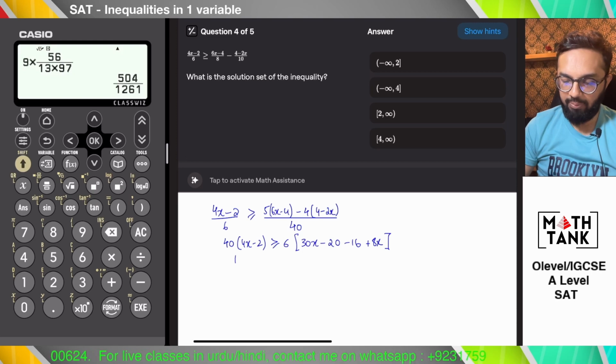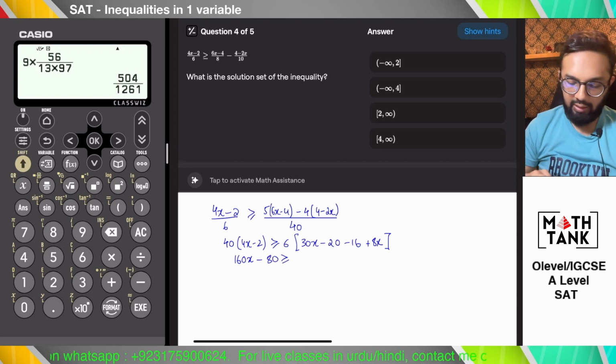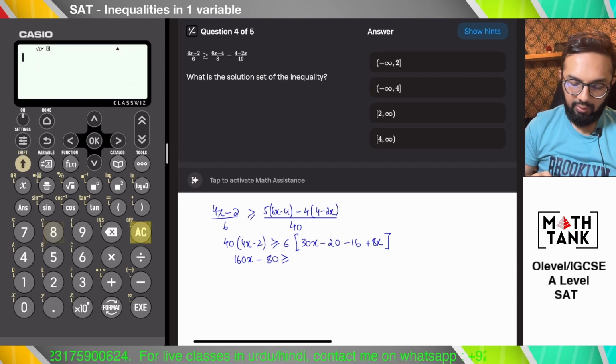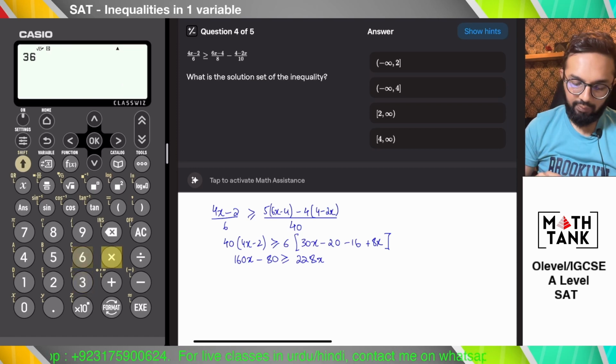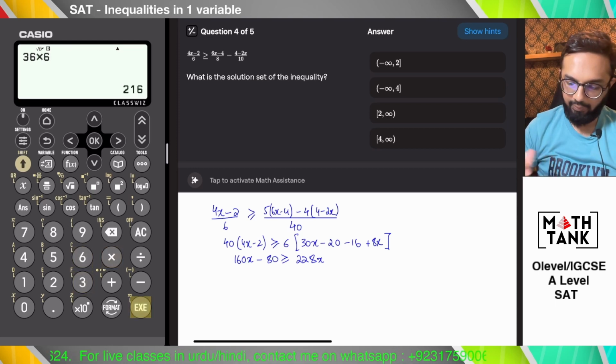There were no negative numbers involved, so it's a simple calculation. 160x minus 80. 30 plus 8 is 38, which when multiplied with 6 gives me 228x. And 36 into 6 should give me 216, I think. Yeah.